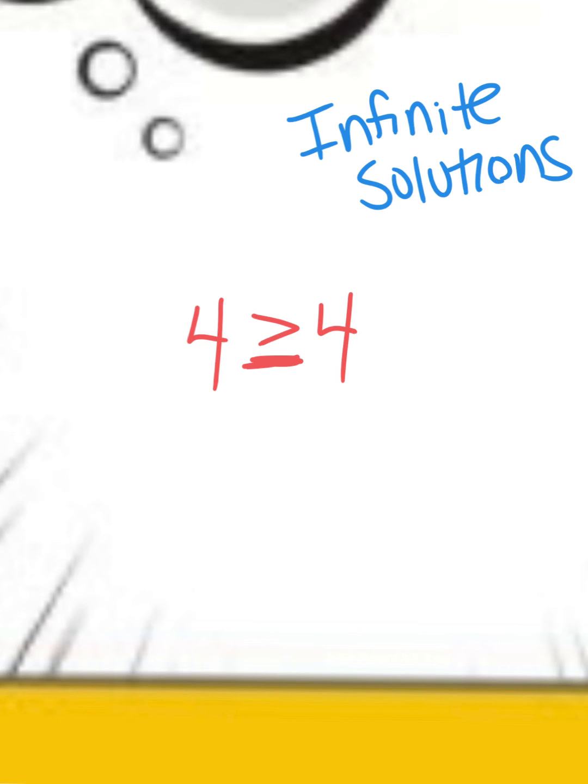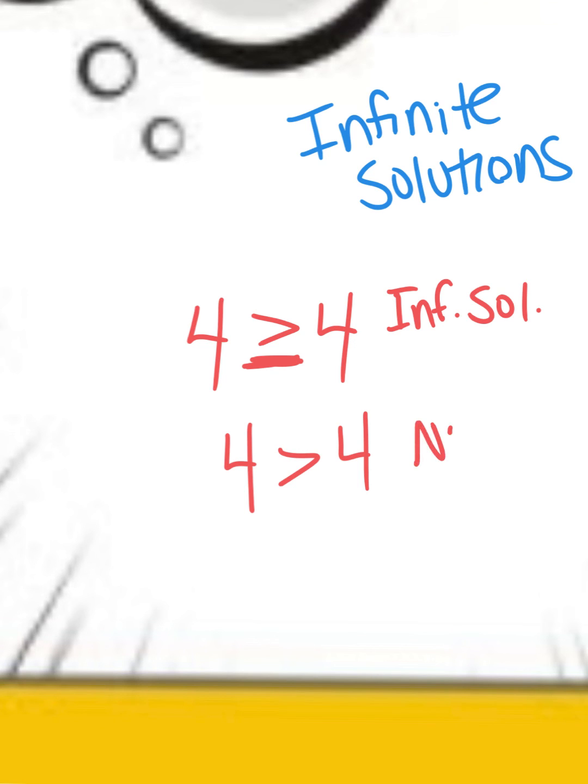Well, 4 is equal to 4. So in this case, you would say infinite solutions. If you were left with 4 is greater than 4, well, that's a false statement because it doesn't have the or equal to. 4 is not greater than 4. So if this was what you were left with, you would say no solution. So don't let those kind of questions confuse you.